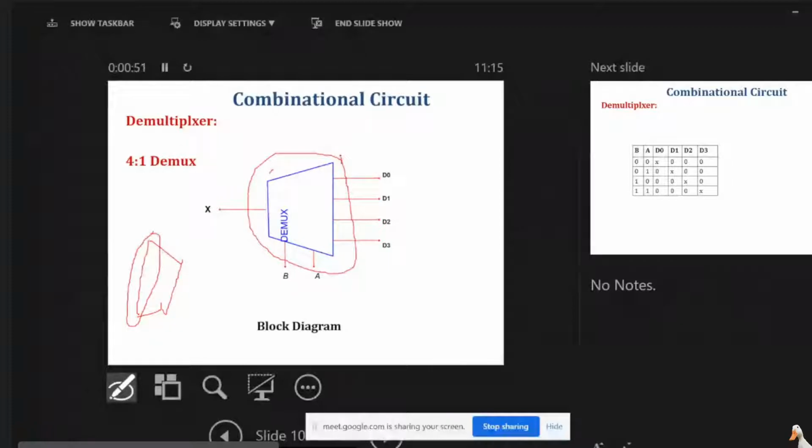And here this is just an example of a 4x1 mux. If we talk about 1x4, it will not be a mux, it will be the demux.